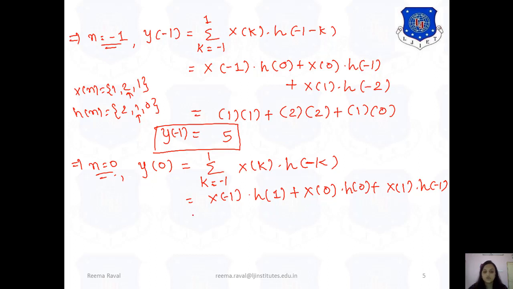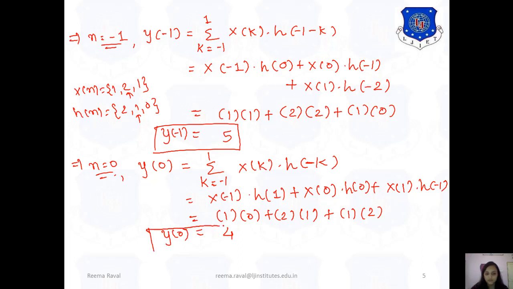Okay. So x of minus 1 is what? 1, h of 1 is 0, plus x of 0 is 2 and h of 0 is 1, plus x of 1 is 1 and h of minus 1 is 2, right? So the values will be 2 plus 2, that is equals to 4. So y of 0 equals to 4, right?